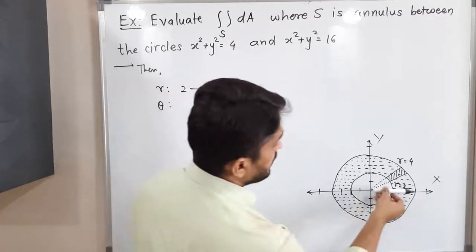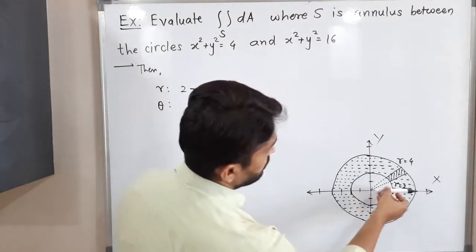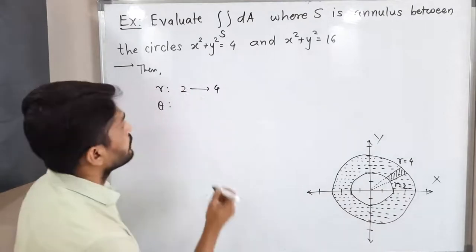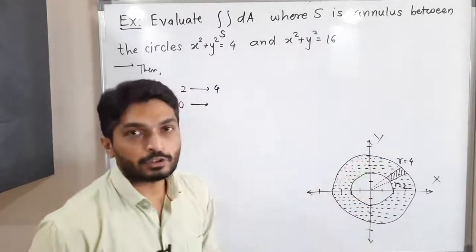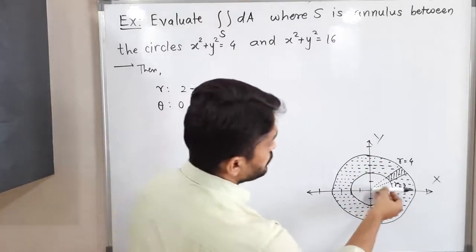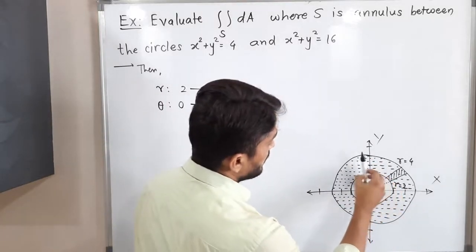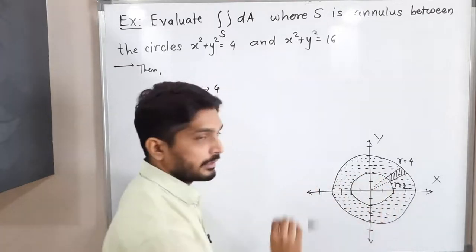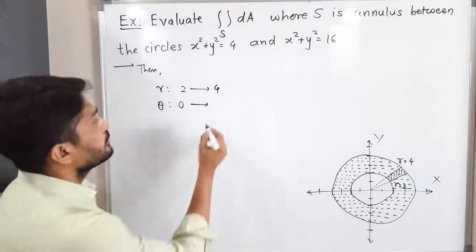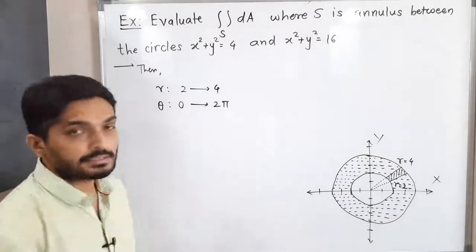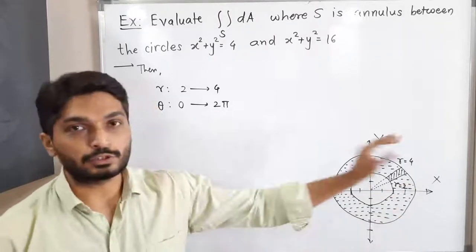The strip starts along the positive x-axis, where the angle is 0. To cover the entire region of integration, the strip should rotate and cover a complete circle. That means the angle should be from 0 to 2 pi, 360 degrees.